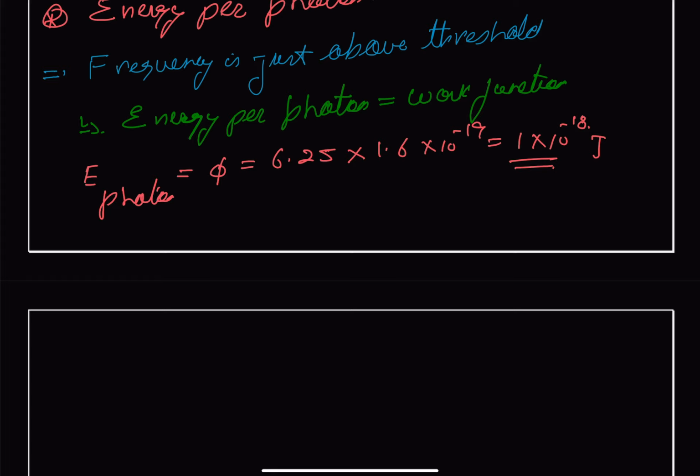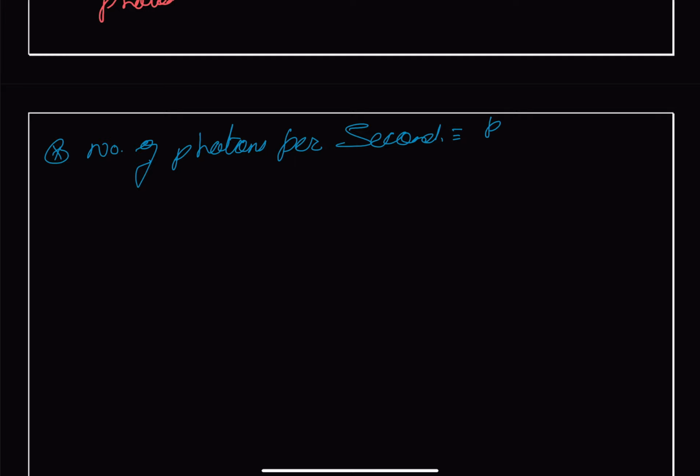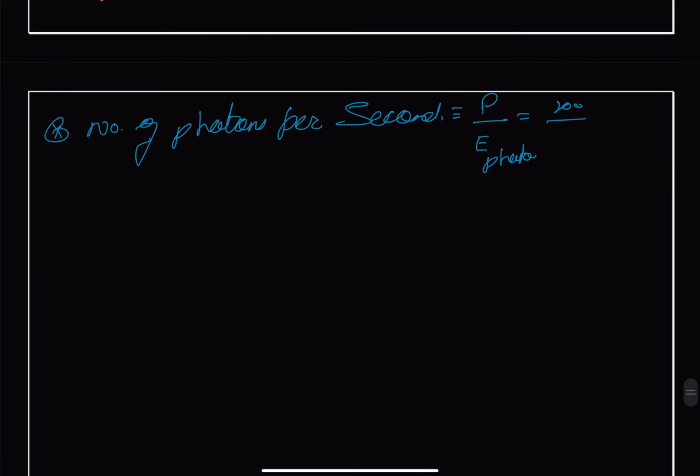Now we can find out the number of photons per second. This will be P upon the energy of the photon, where P is the power, which is equal to 200 over 10 to the power minus 18, giving us 2 into 10 to the power 20, and efficiency is given as 100%.